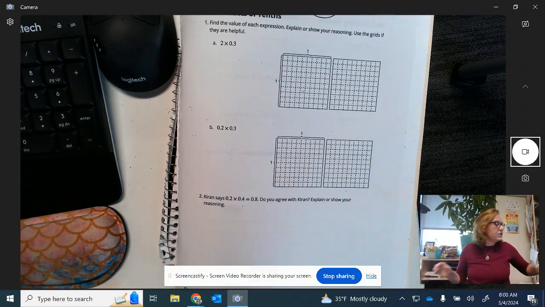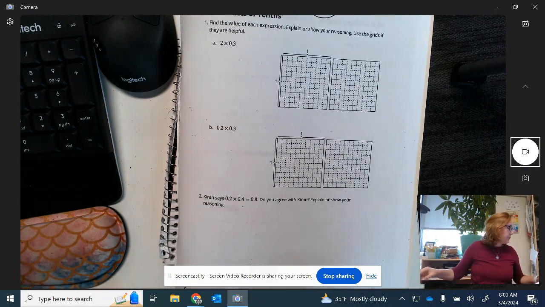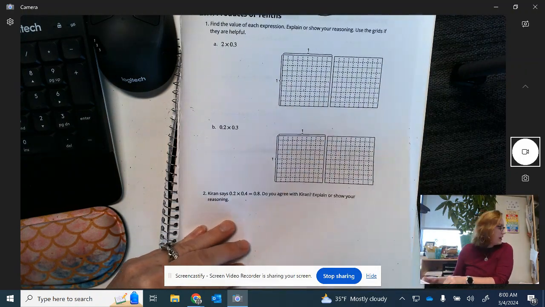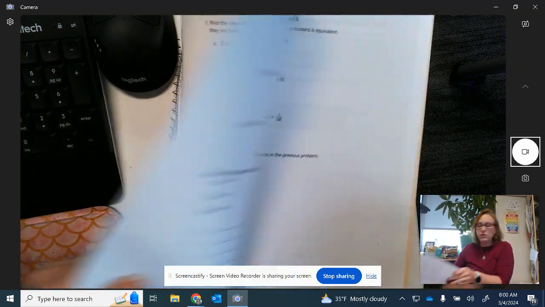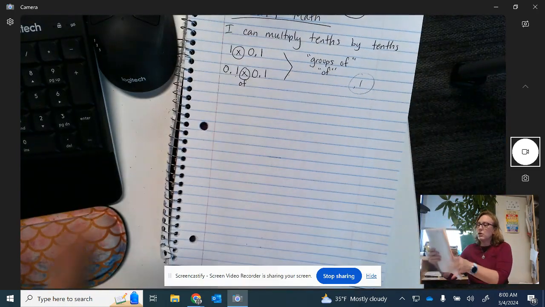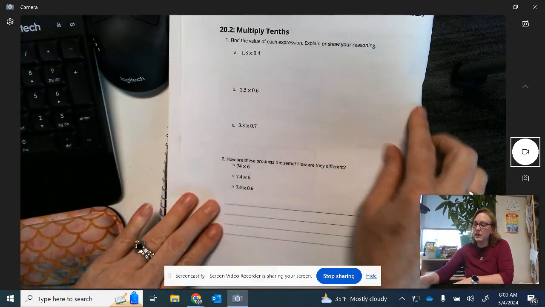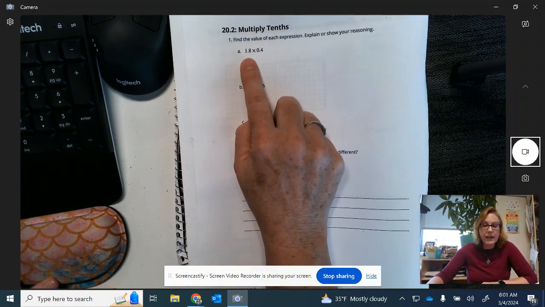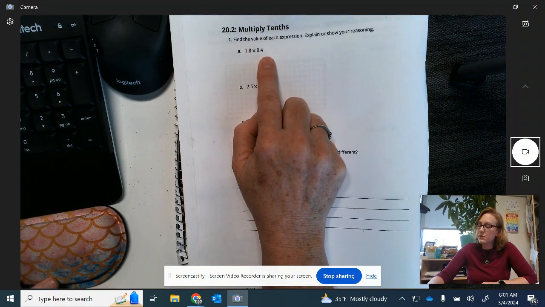With activity 2, let me turn my book over here. You're going to work with your math partners, your rug partners again, and you are going to work on solving these. You've got 1 8/10 times 4/10.